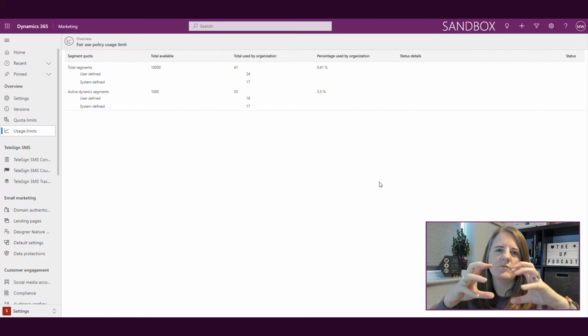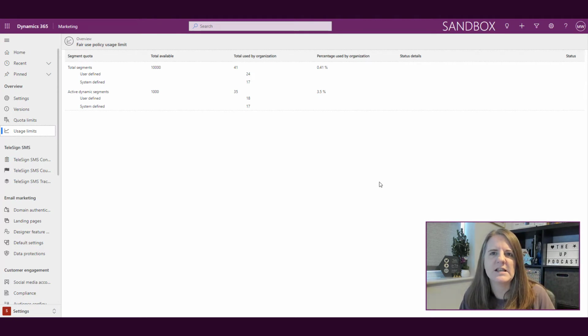It's a little bit smaller now, a little bit more condensed, but what we get here is what our quotas are in terms of the total number of segments for user-defined segments, system segments, and we've also got active dynamic segments. So we can see how many we've got, what's available, and then how many have been used by the organization, and then the percentage used by the organization.